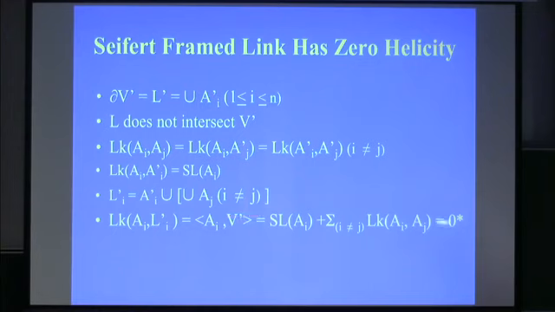This equation is true for each i. So you've got these n equations. So this is kind of a component of the helicity, if you like. And if you take this quantity here and add it up over i, as i goes from 1 to n, you get the helicity of the link. And it's 0 plus 0 plus 0 plus 0.